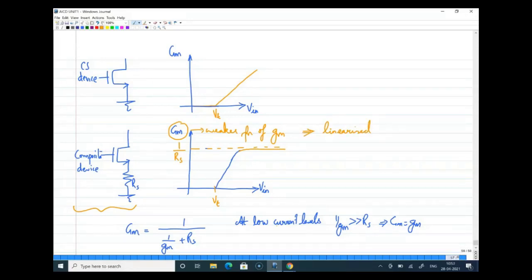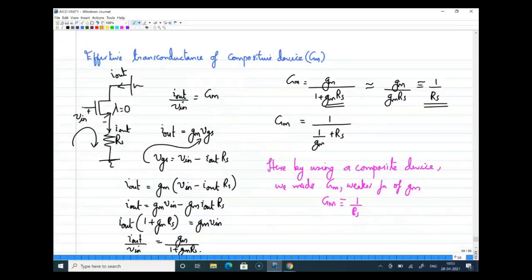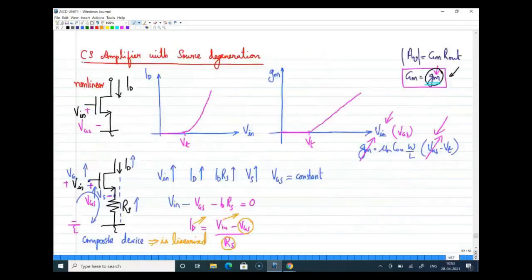So I hope you understood what we did here. When I say linearized, the relationship between VGS and ID is linear in this case. So I can take questions now, because I don't know how many of you understood what I just discussed.